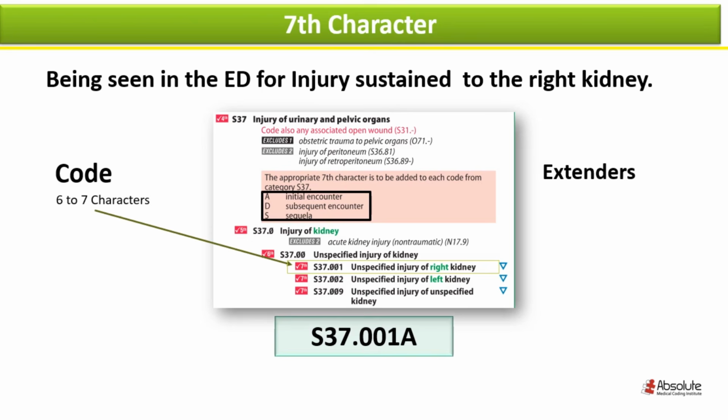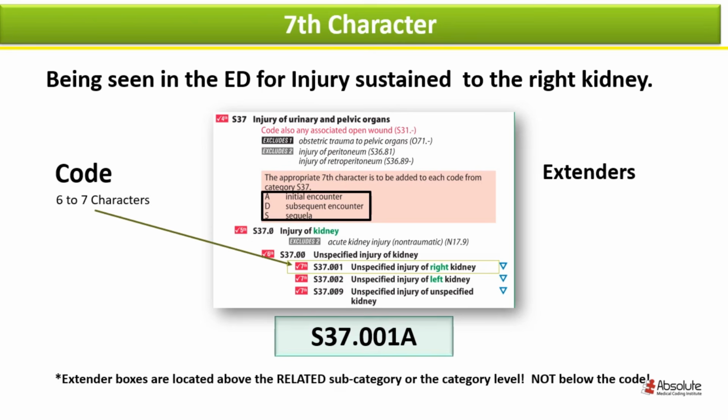Now, another thing that I want to tell you about these extender boxes. Extender boxes are located above the related subcategory. It's got to be in the same path. It can't be S37.1 because S37.1 will not be applicable. In other words, these extender boxes have to be directly above the subcategory code.